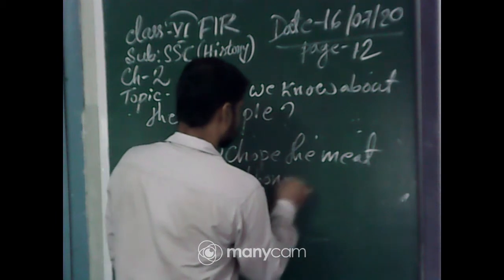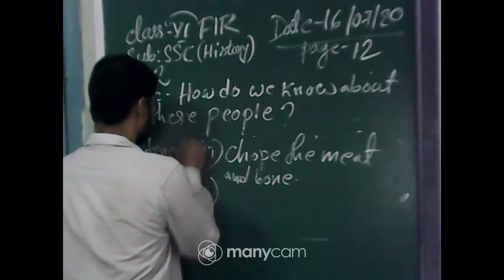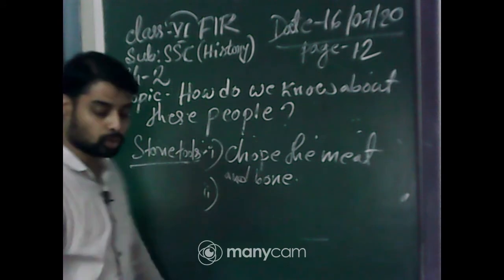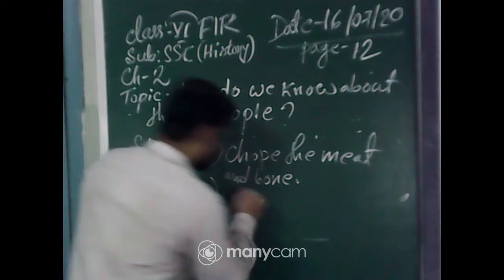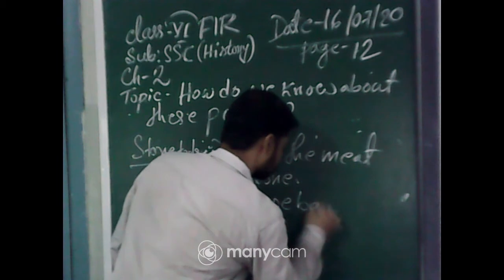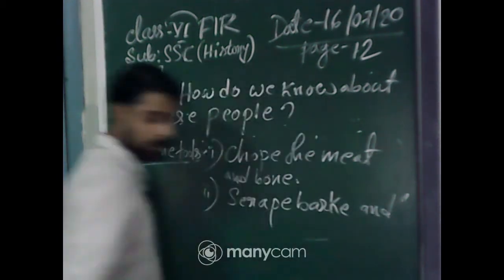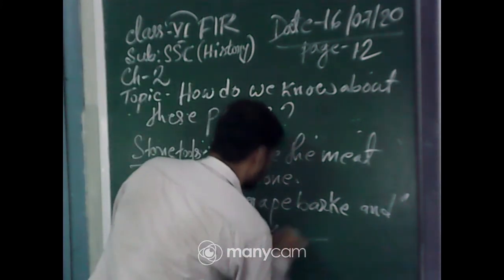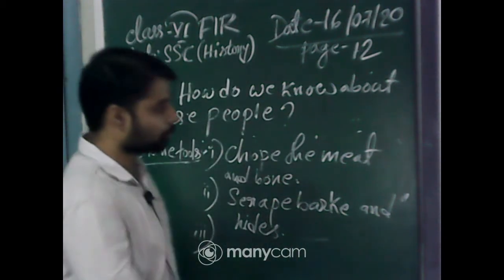Number 2 was used to scrape bark, the bark of the tree, and also hides. Hides means animal skin. So, scrape bark and hides.